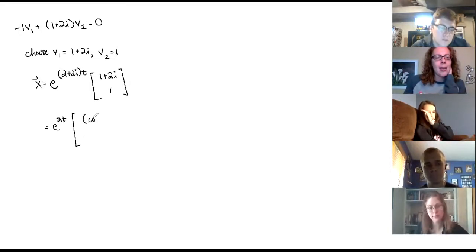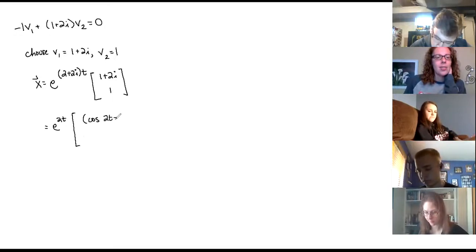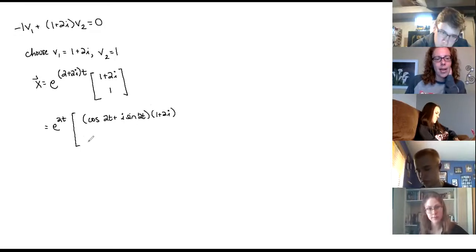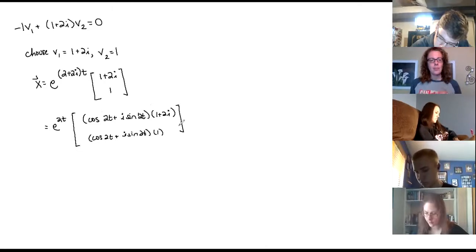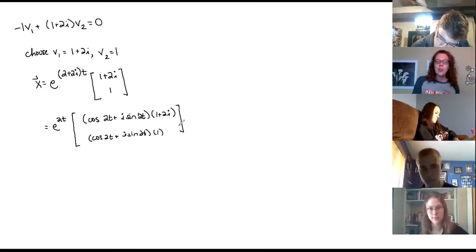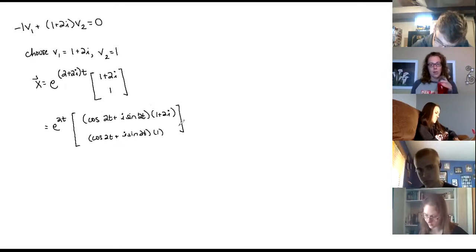And then we've got cosine of 2t plus i sine of 2t times (1 plus 2i), and cosine 2t plus i sine of 2t times 1. So I'm taking that e to the 2t and just throwing it all the way out in front.